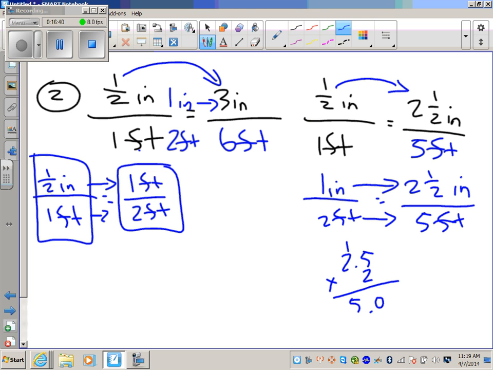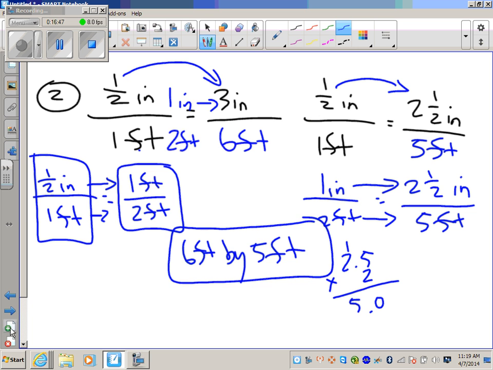So 6 feet by 5 feet. And the nice thing is that number 8 on the back side is just like that. So try number 8 on the back side. Try number 8 in the book.